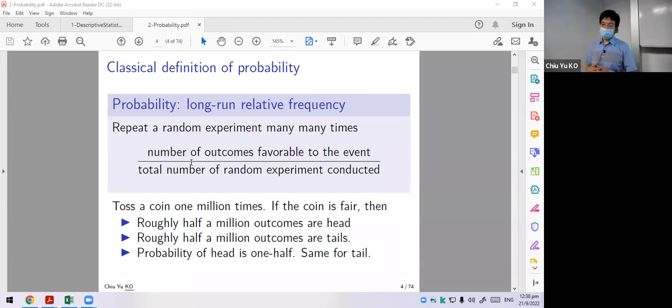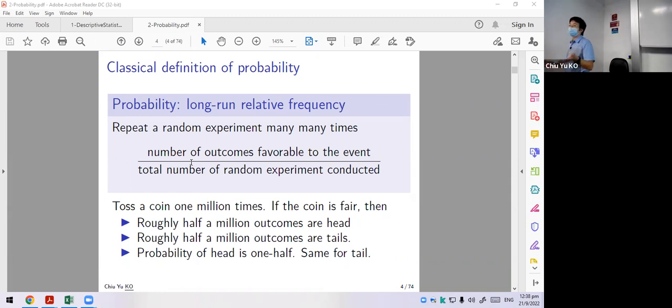We don't show it, but you should be able to see, at least in an empirical sense, that this ratio tends to be stable. If you try it by yourself, take a coin, like you did in high school, you toss a coin once, either head or tail happens.